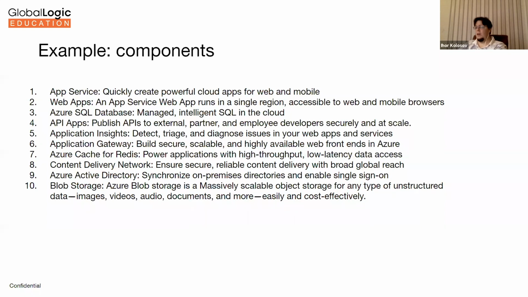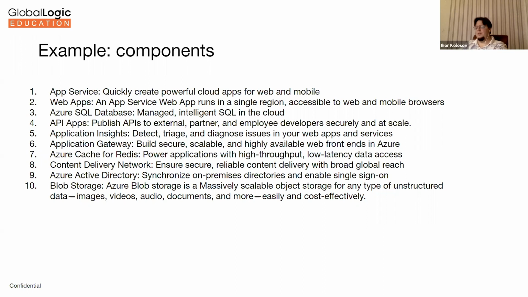We have app service, we have apps, Azure SQL database, API applications, Application Insights, which will allow you to collect performance metrics, performance statistics, triage, maybe some logs in a more efficient way.